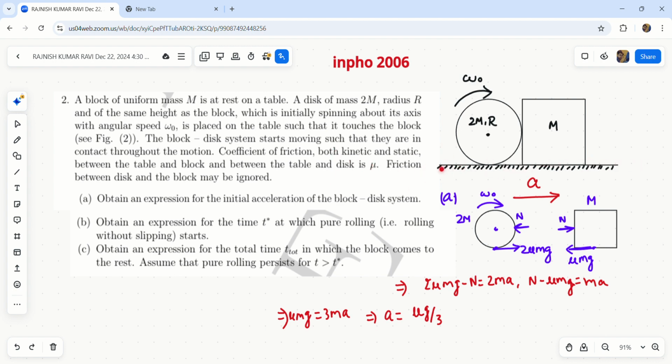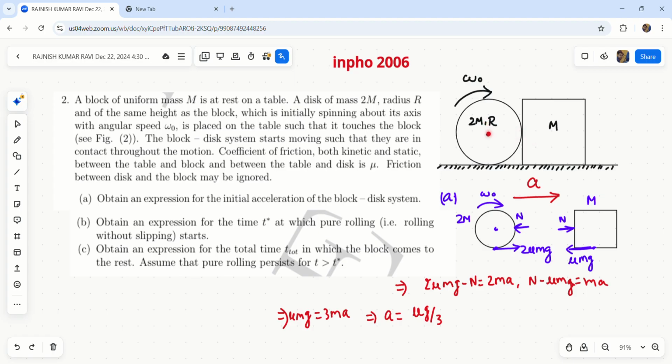There is friction between the disk and the surface as well as between the block and the surface, and the coefficient of friction between these surfaces is mu. There is no friction between the disk and the block.